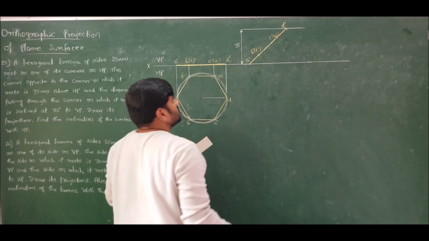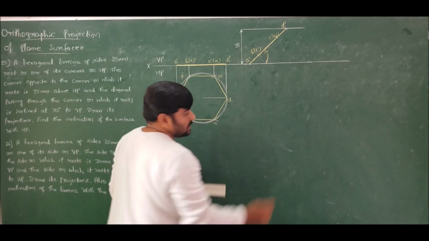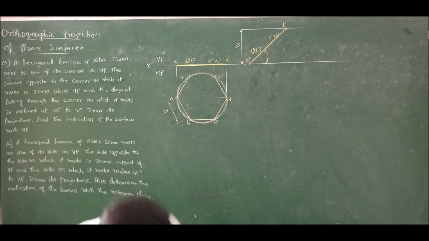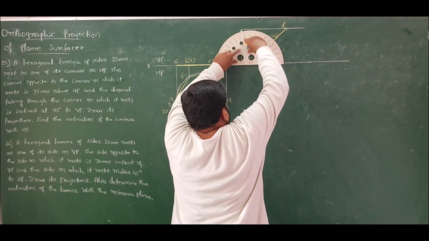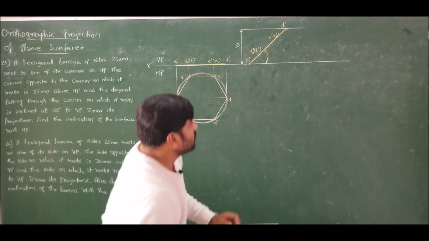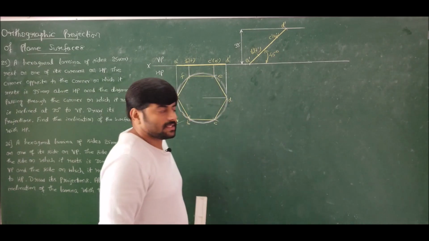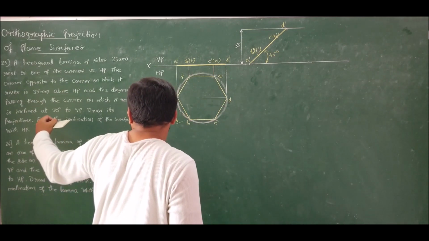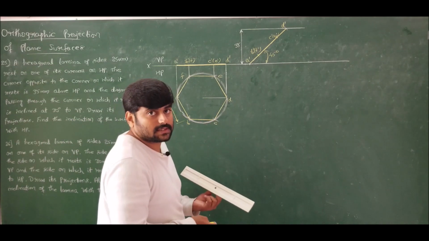Now this angle is what he is asking us to calculate. Now if I use a compass and measure the angle, I am getting the angle as 45 degrees. That is what he has asked: find the inclination of the surface with horizontal plane. The answer is 45 degrees.